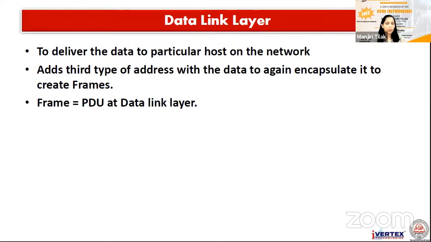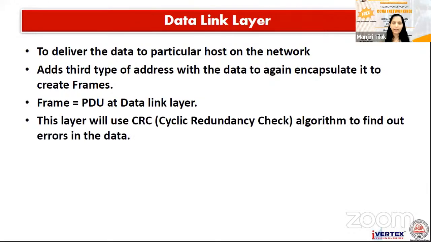Then on network layer, segment is converted to packet, and on data link layer, now packet is converted to frame, right? Now for converting packet into frame, data link layer is adding one more kind of address with the data so that data can be delivered to a particular host.